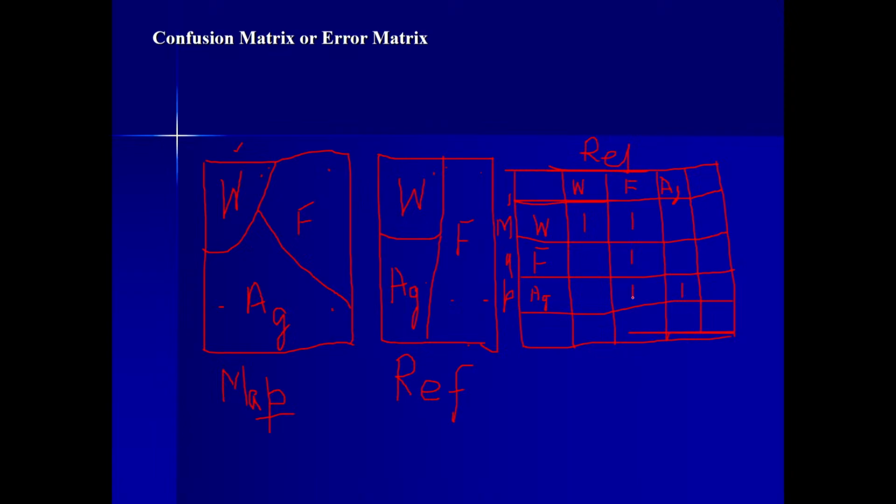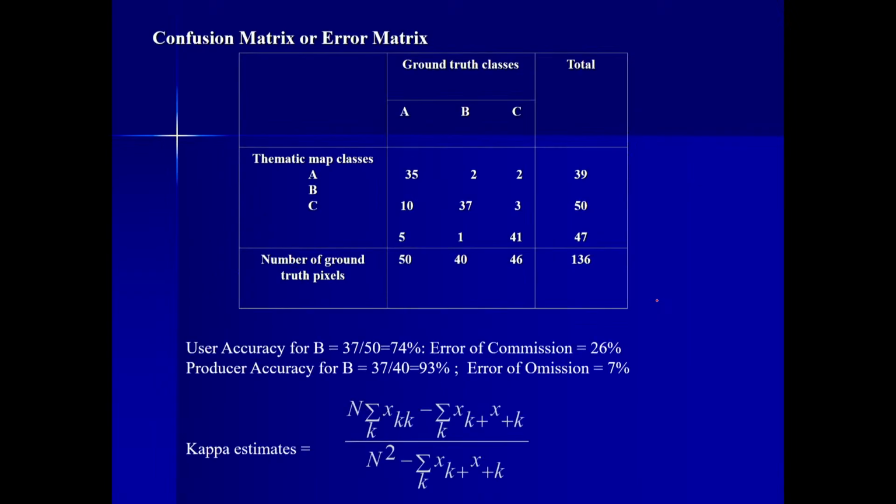Like this you can go on filling the error matrix until the total number of samples are tested on the map and on the reference map. If you do this, the matrix will look like this. Once you finish all the testing samples for the 3 classes, the matrix will be looking like this.